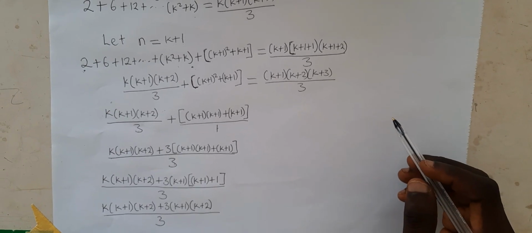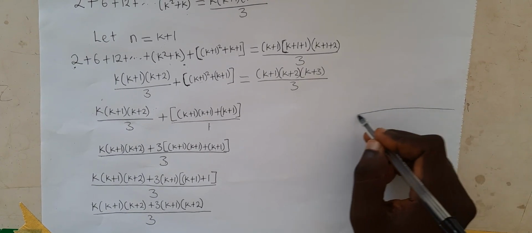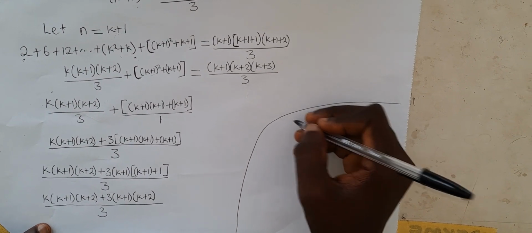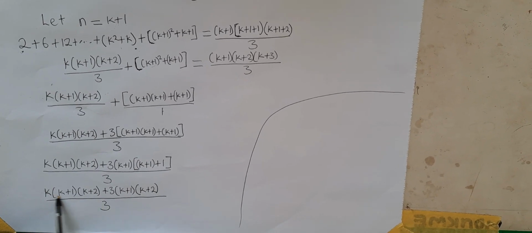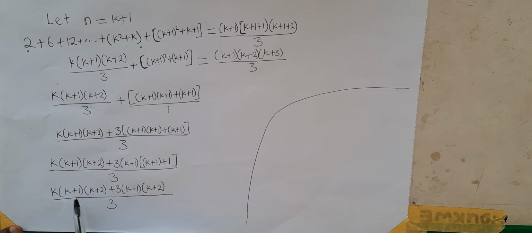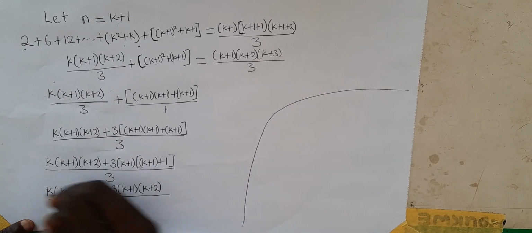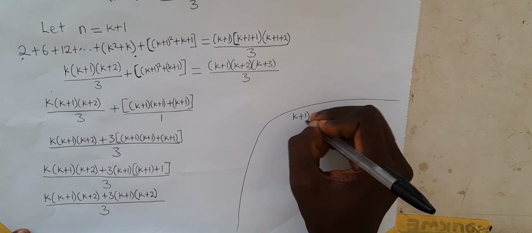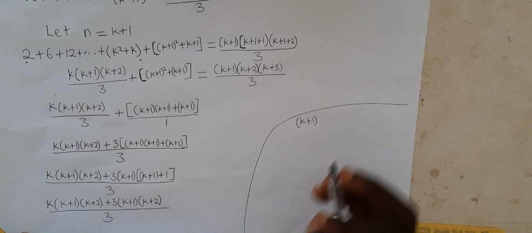So let me just finish everything here. Let me complete it here. So here I have. Now if you look at this and this carefully again, something is common here and it's also common here, and that is what? K plus 1. K plus 1. So if I bring out k plus 1 out here, I will have what? K plus 1. If I bring k plus 1 out here, I'll be left with k into bracket k plus 2.